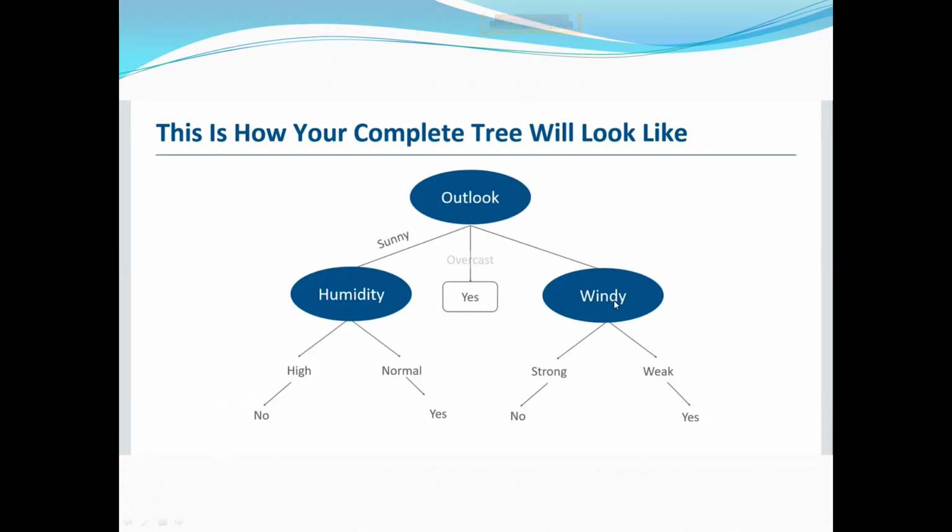Similarly, if it is rainy, once again we fix a node, because rainy also has mixed data. So we drill further to get homogeneous data. Here we fixed windy. If it is strong, we take the decision no. If it is weak, I take the decision yes. This is my complete tree. So how are we fixing humidity and wind? Any idea?